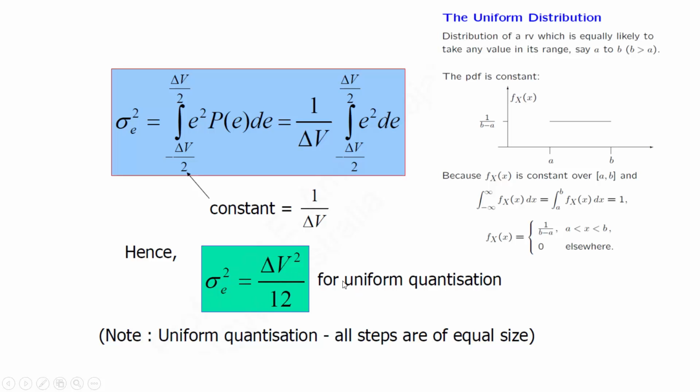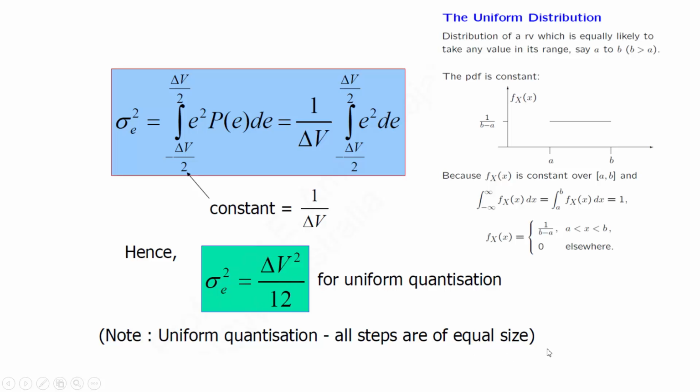The caveat is that we are taking the case of a uniform quantization. That means the step size is the same for all the quantization levels. That's what is explained here. Uniform quantization means all steps are of equal size.